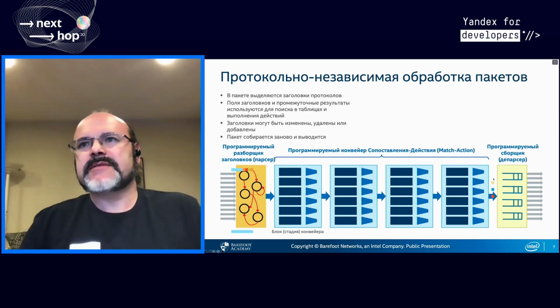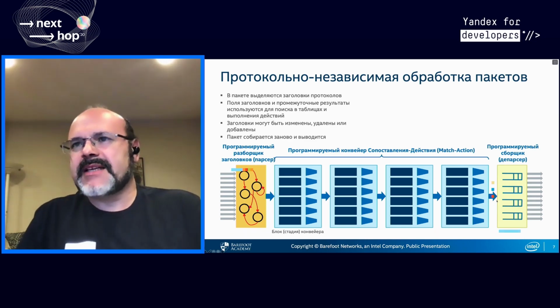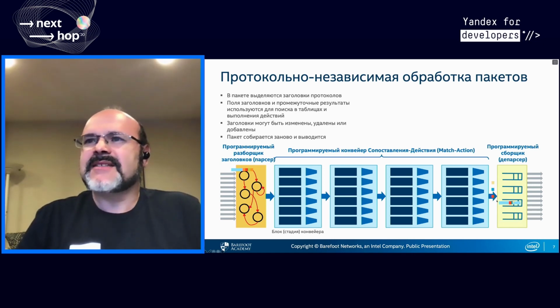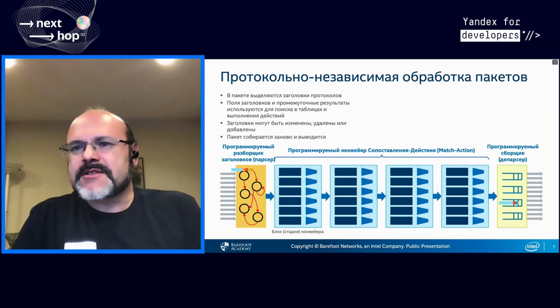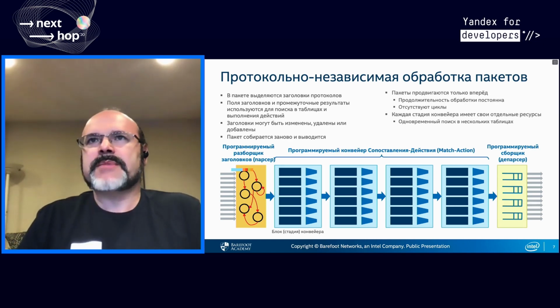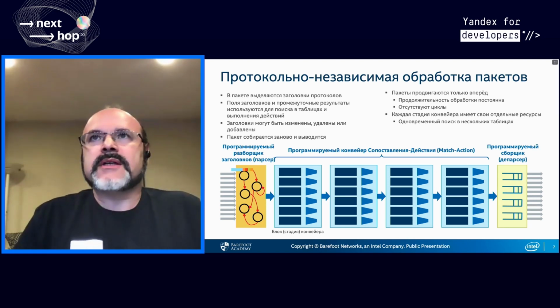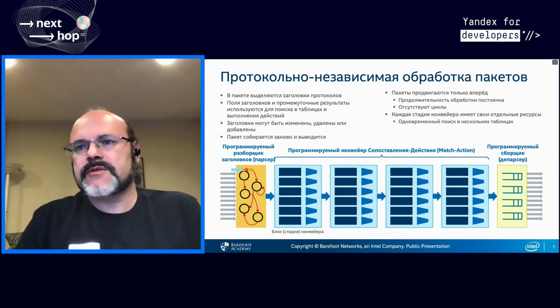And they go to a deparser. There, they are put together with the body of the packet, and there are new headers stuck on them, and then this packet goes for further processing. So this is the architecture we have. I hope it's pretty simple.